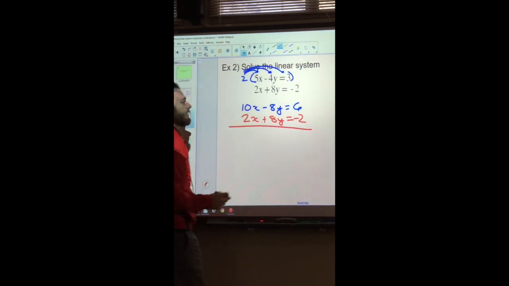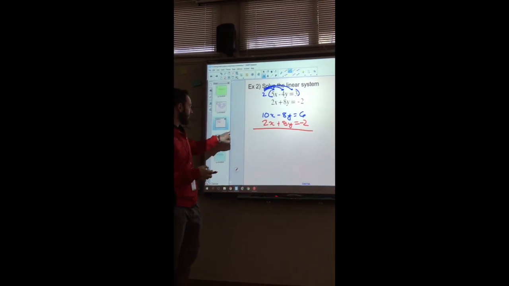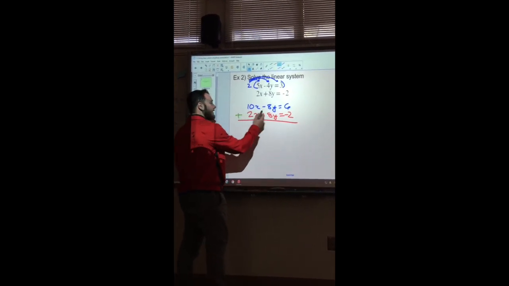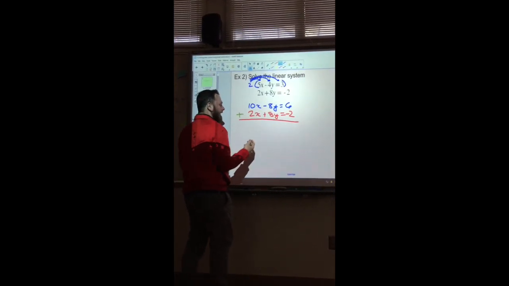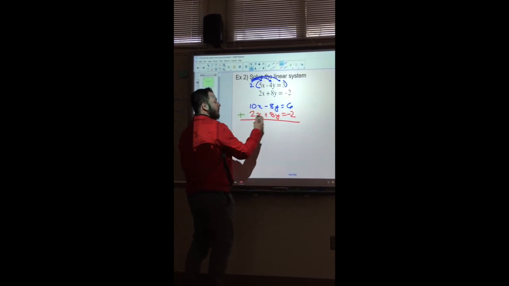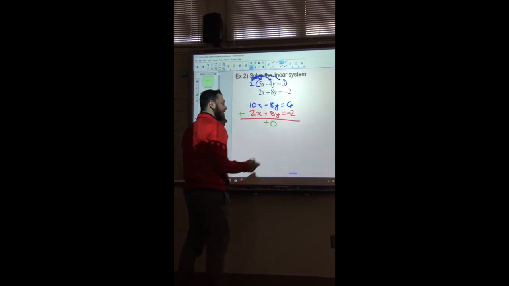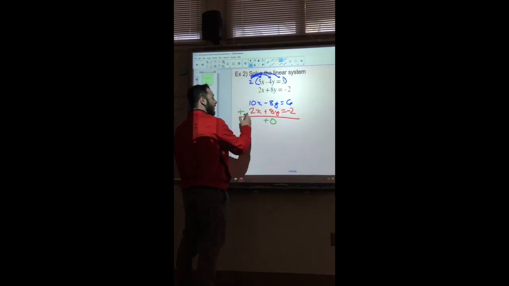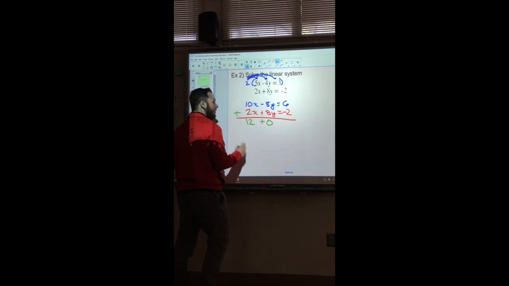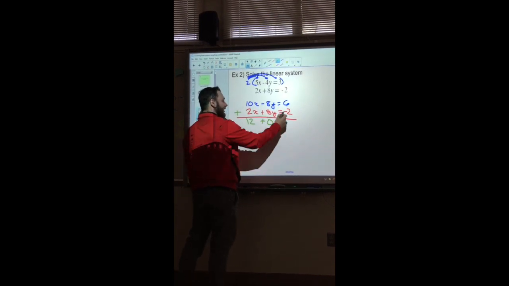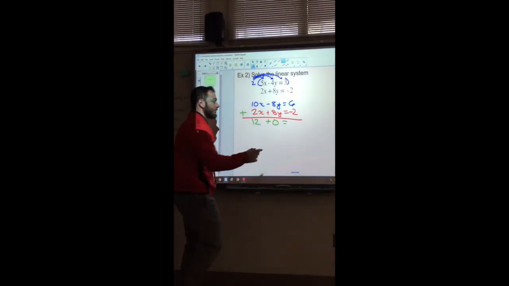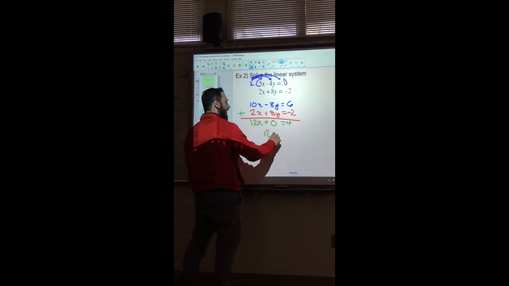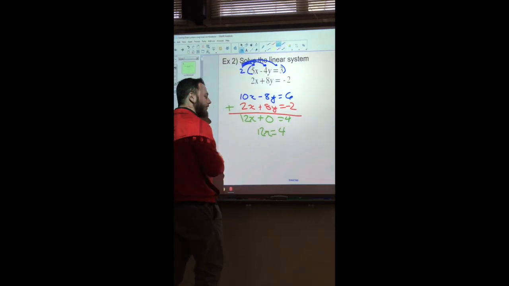Now the same exact thing happens, where if we add, negative 8y plus 8y will give us 0. And that's exactly what we want because now we only have one variable. So 10x plus 2x is 12x. 6 plus a negative 2 is like 6 minus 2, so equals 4. Forgot the x there. So now 12x equals 4.